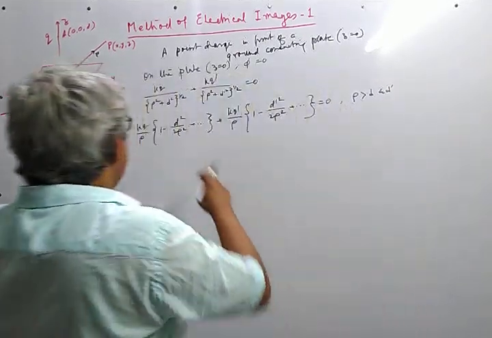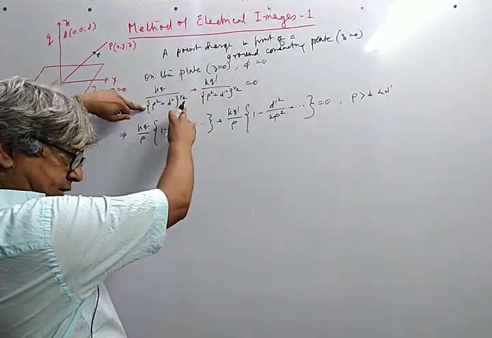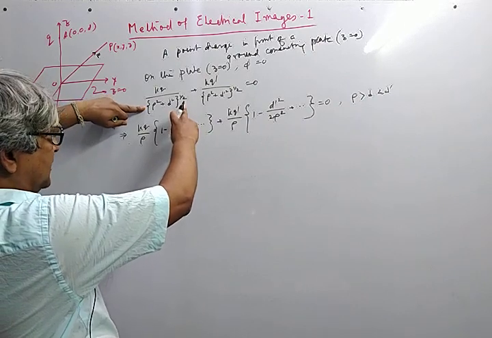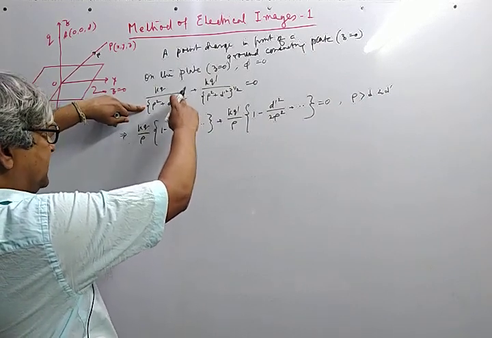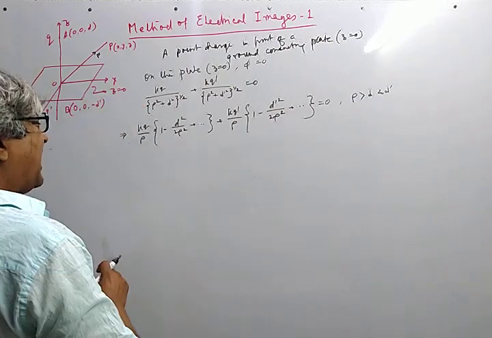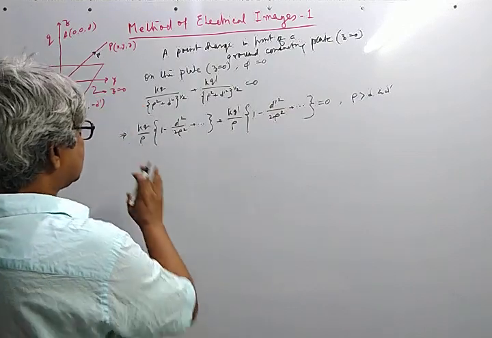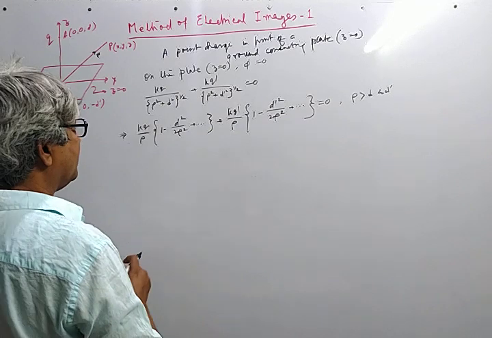So we have expanded this in binomial theorem in powers of d square by rho square, and so this result will be valid for every value of rho.